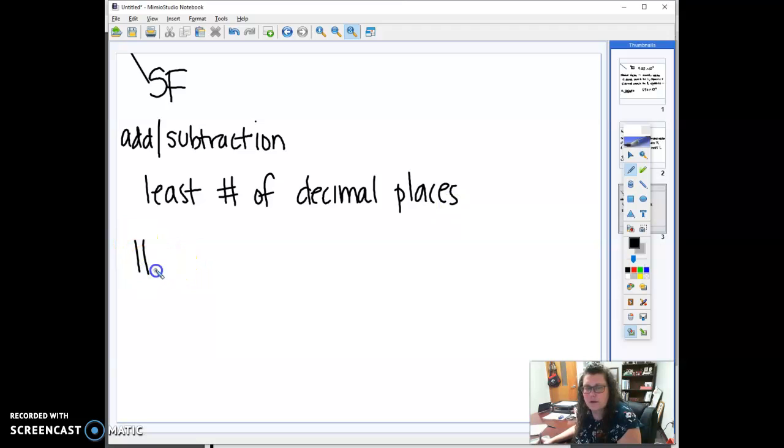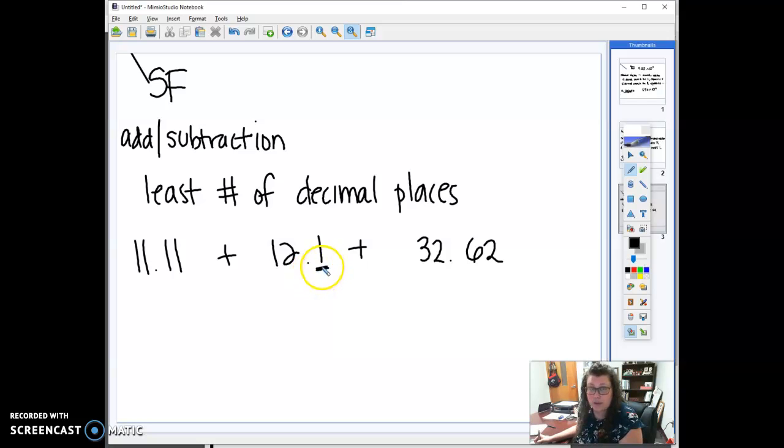So if I have 11.11 plus 12.1 plus 32.62, I'm going to go with 1 decimal place because this one has 2 to the right of the decimal, this one just has 1, and this one has 2. So my answer should have just 1 decimal place.